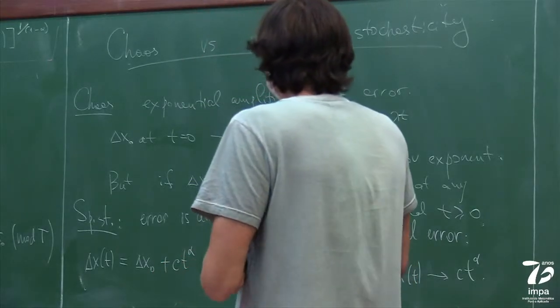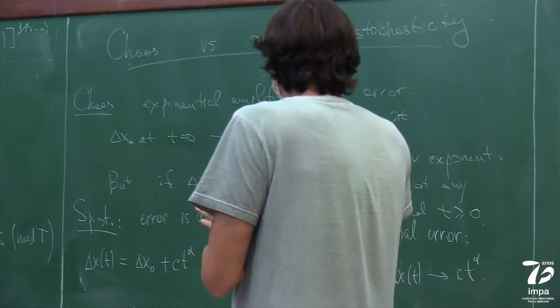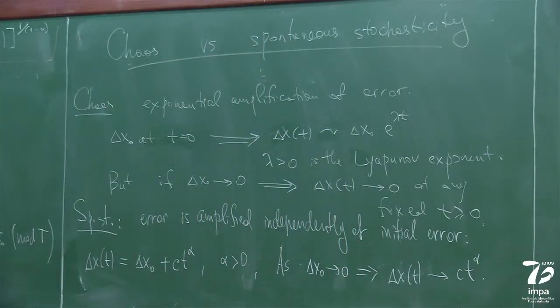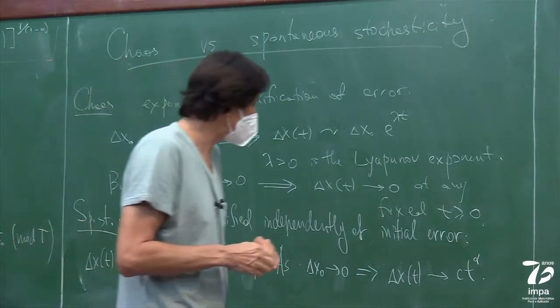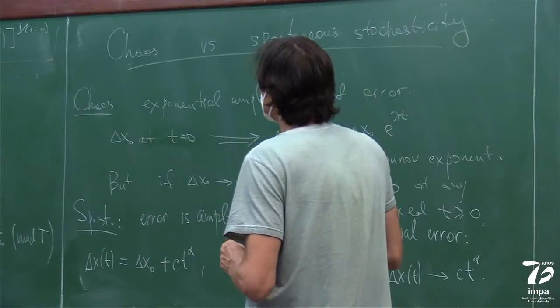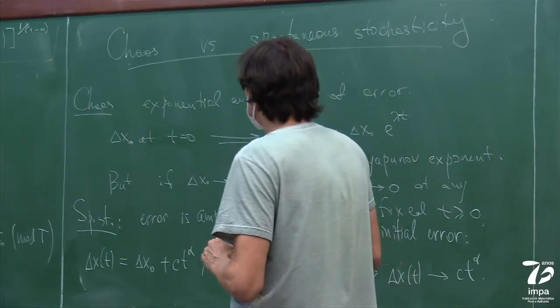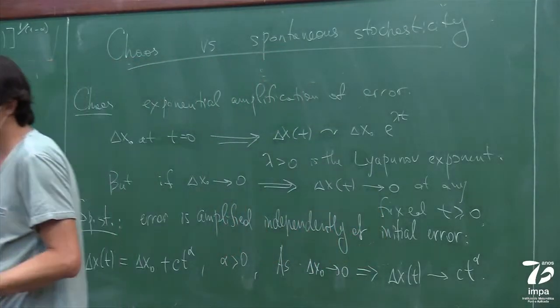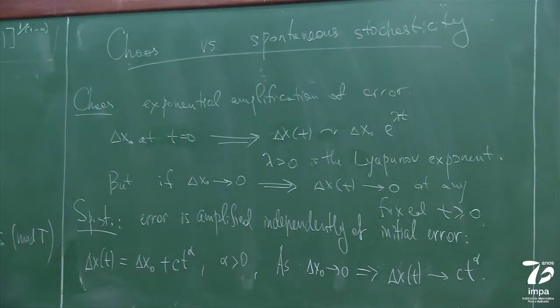So then, the next two lectures will still be related to spontaneous stochasticity. Tomorrow I will give you a system which is not an ODE, which is infinite dimensional and which we can resolve by hand, and where we can see spontaneous stochasticity in full.